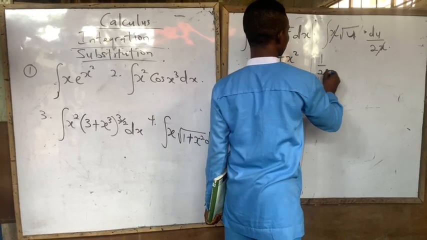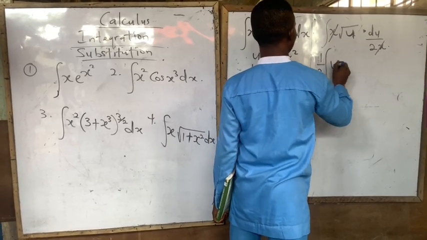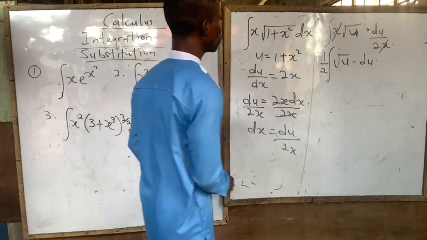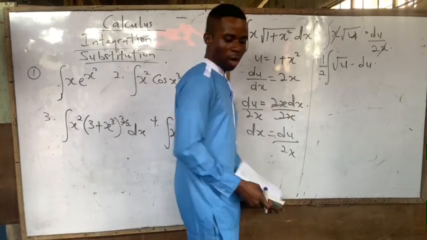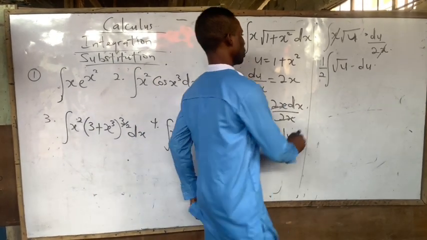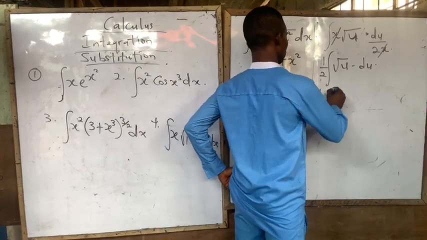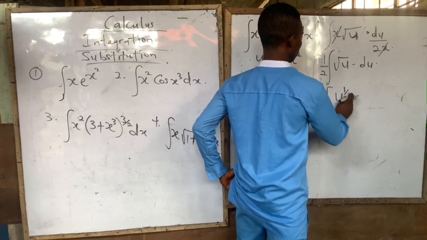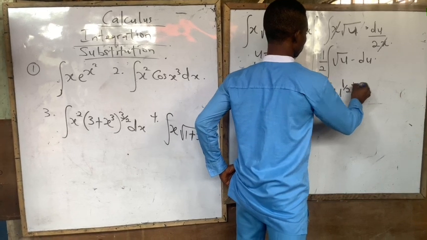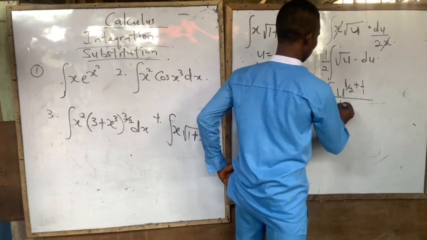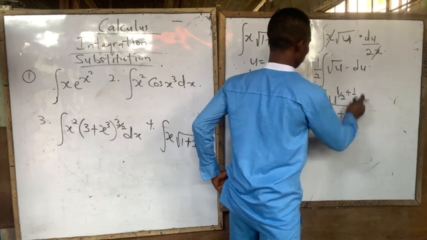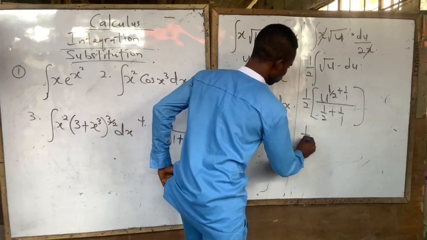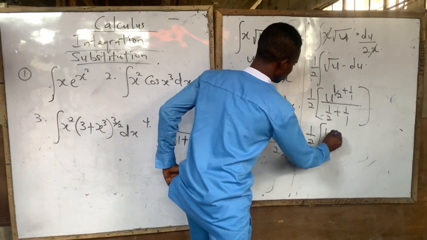That is 1 over 2 integral of root u du. Now our root can become u raised to 1 over 2, so we have 1 over 2 plus 1, all over 1 over 2 plus 1. What you have here, you bring it down.